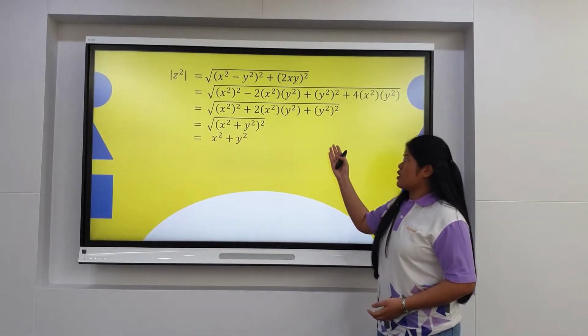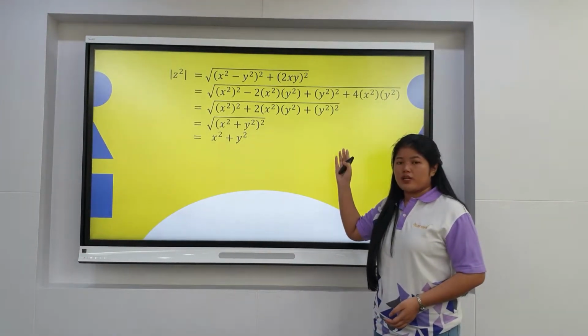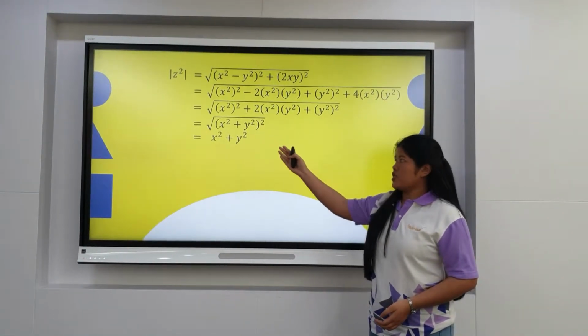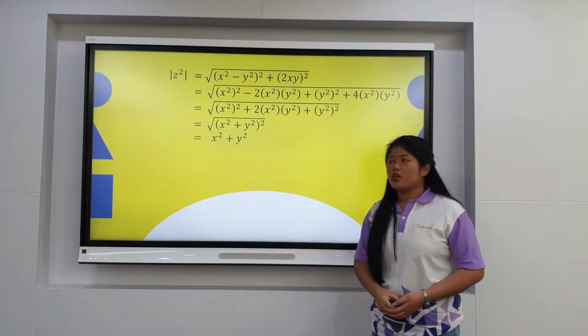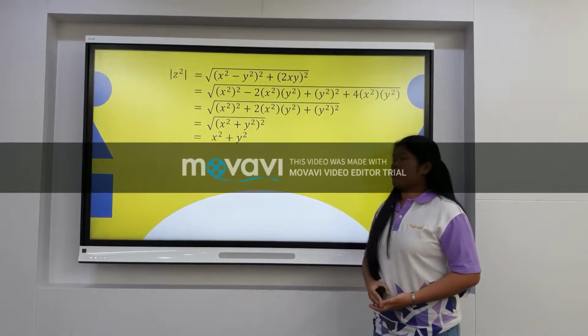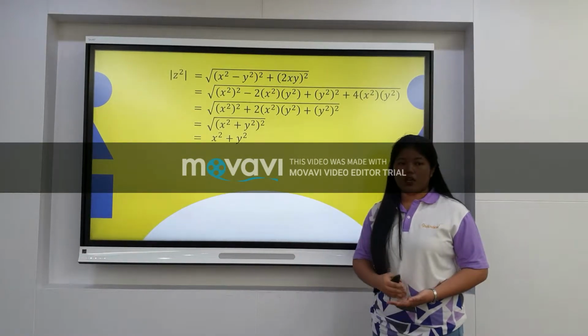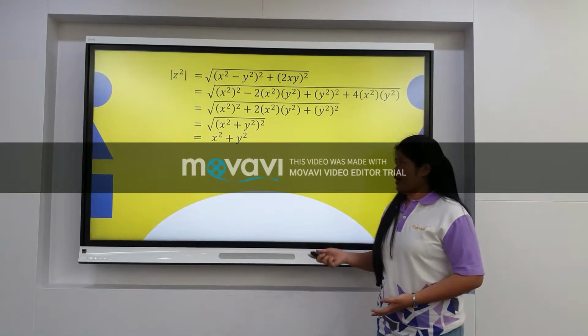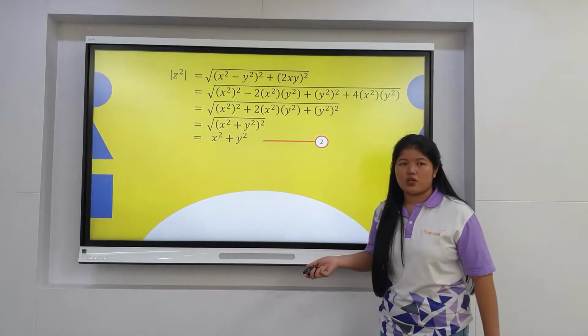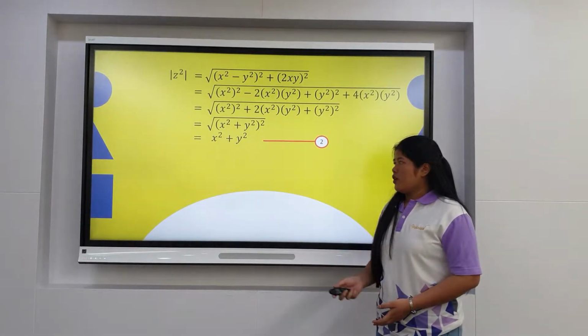And in this equation, it is a perfect square. We can change it to this form: the square root of (x squared plus y squared) squared. And lastly we get x squared plus y squared. This is equation 2.